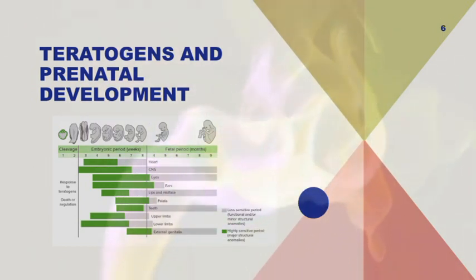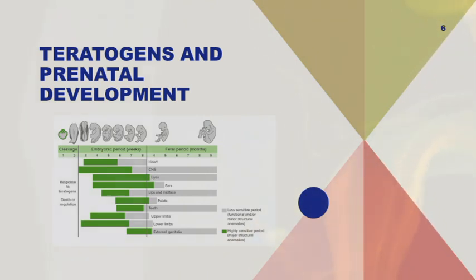It can do incredible amounts of damage. Tobacco, prescription medications, environmental toxins, and even infectious agents. Each of these teratogens poses unique risks to the developing fetus, and their effects can vary depending on factors such as dosage, timing of exposure, and individual susceptibility.